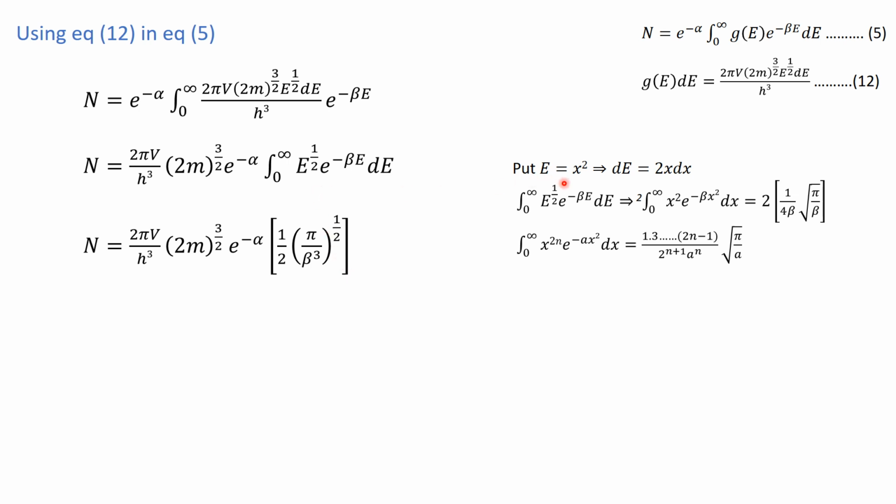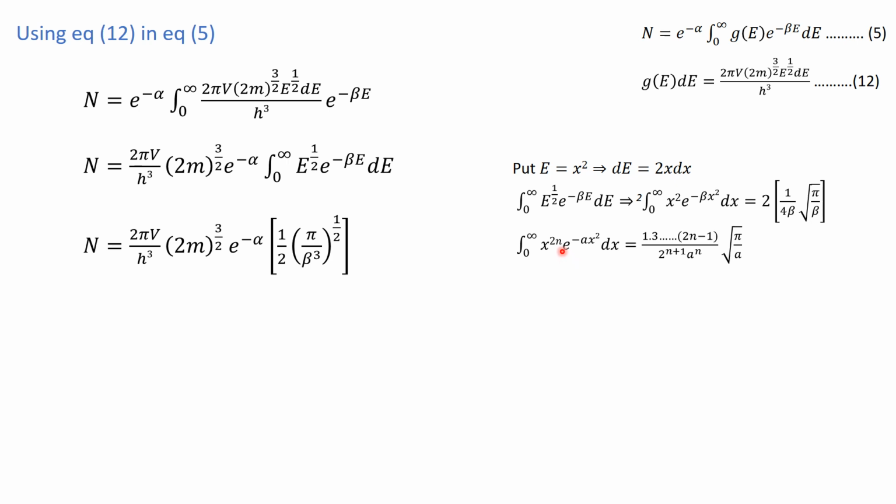You can integrate this equation by putting E is equal to x squared. You will have dE is equal to this one, so this integral will reduce to this one, and this integral is actually a specific form of this general integral for n is equal to 1.